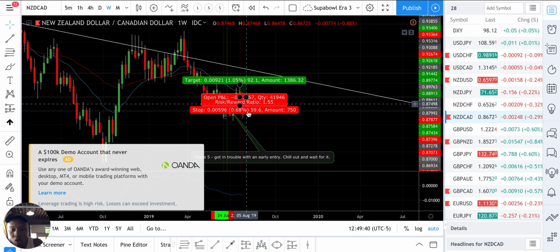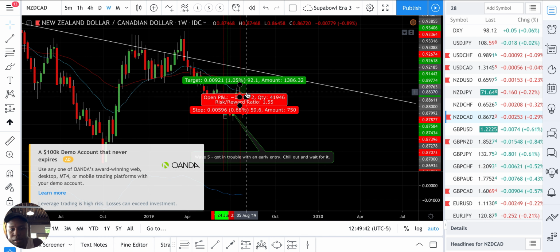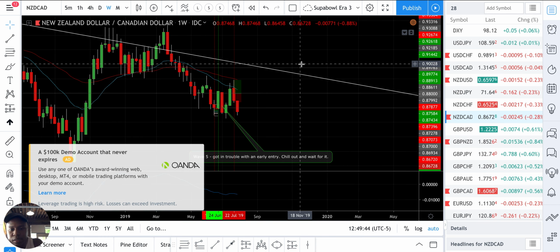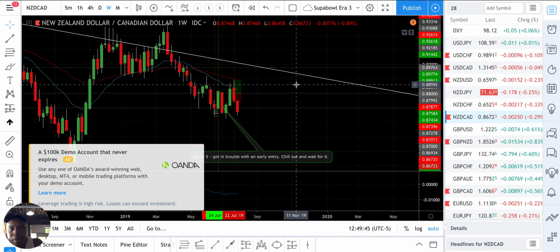CAD looks like it already bounced off of the 20 EMA. And I actually tried to get into this trade and was super wrong. Obviously, I wasn't looking at the weekly time frame when I entered that. So it looks like weekly across the board, except for on NZD USD, is actually getting stuffed right there at that section.